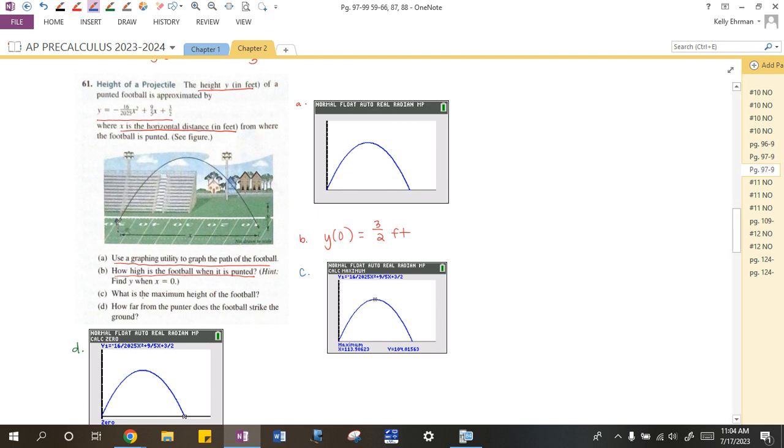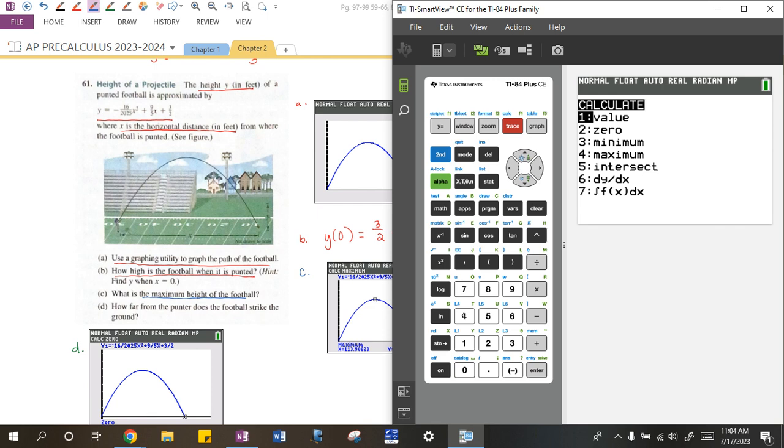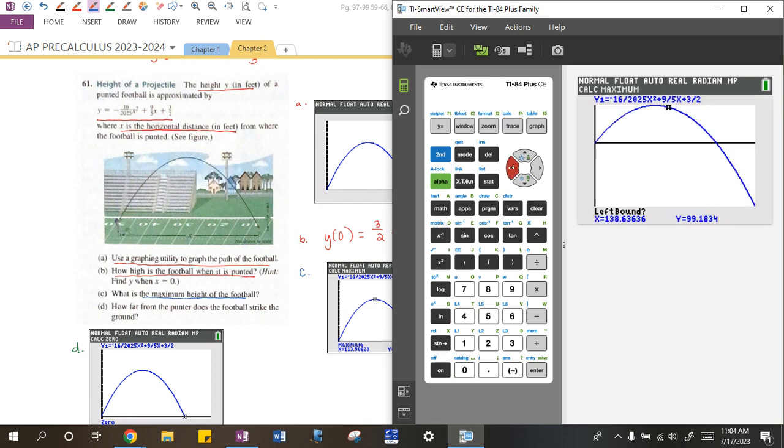Part C, what is the maximum height of the ball? So I've got my screenshot there, but remember if you can see the vertex, you just do second trace, maximum, move to the left of the vertex and press enter, move to the right of the vertex and press enter, guess, press enter.